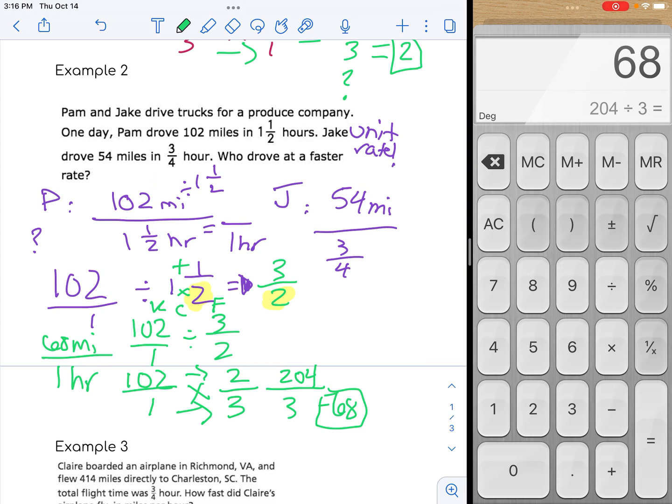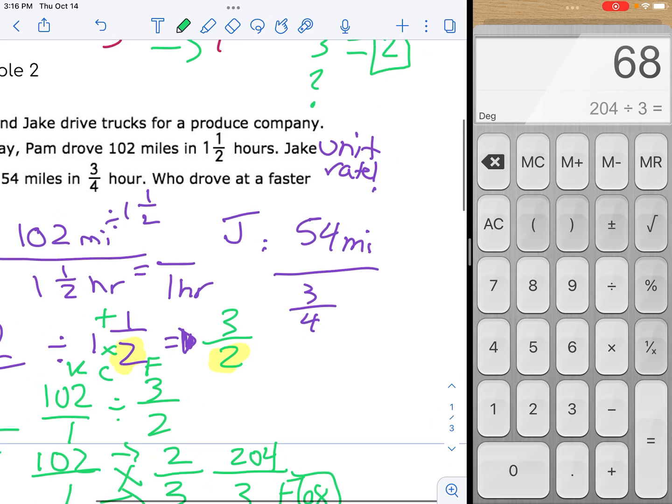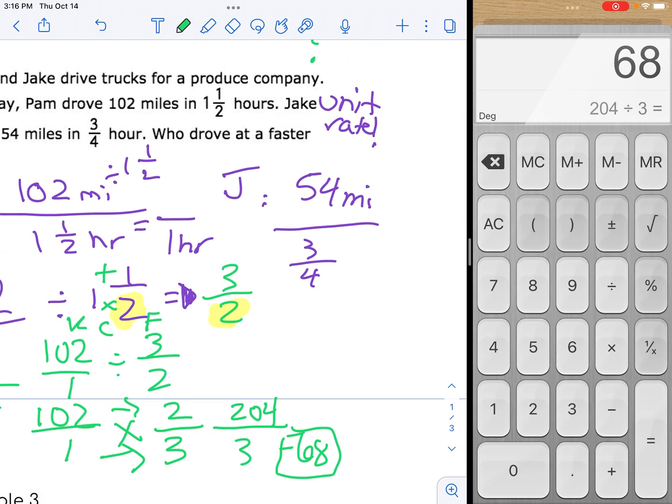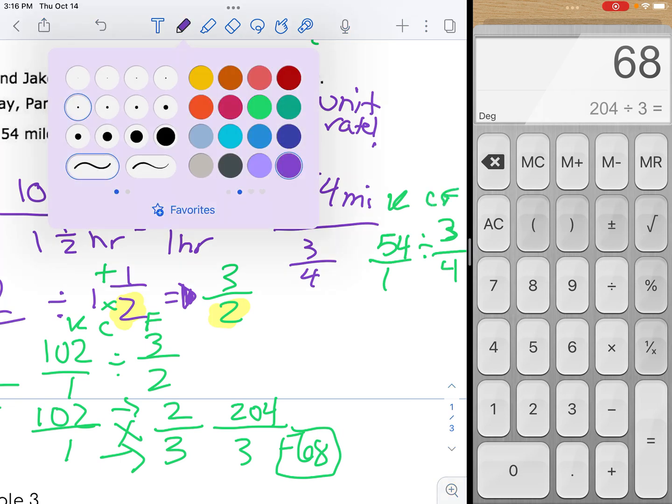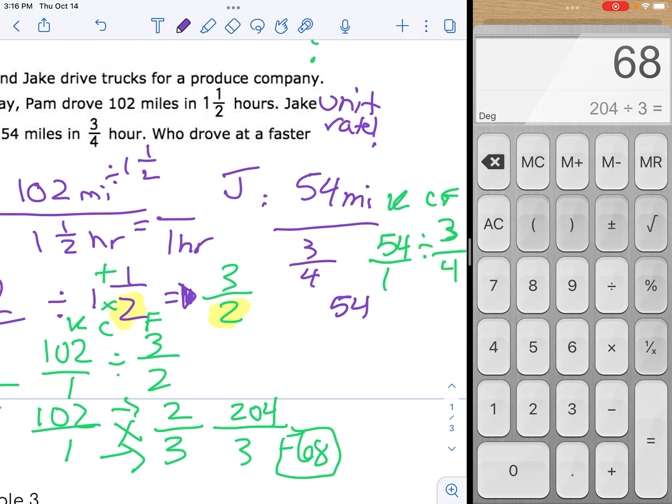Now let's calculate Jake. So for Jake, we have 54 divided by 3/4, to find his unit rate. 54 over 1. We're going to do our keep, change, flip, or inverse the second, multiply the rest. So 54 over 1 times 4 over 3.